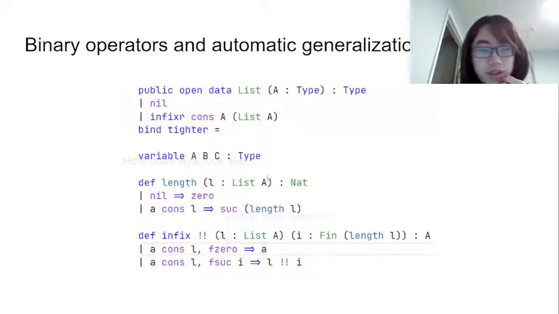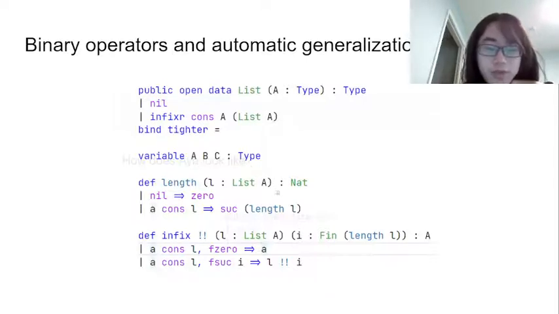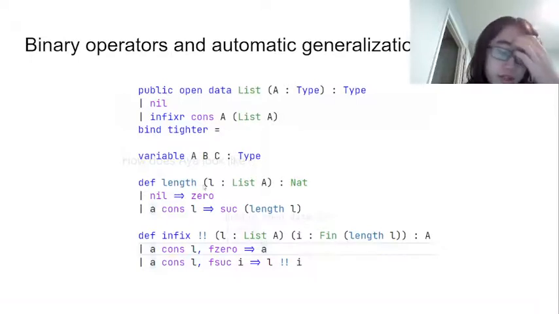So look at here. We have a type called A. It's capitalized. It doesn't matter if you capitalize or lowercase it. As long as you define it, you say that A is a generalized variable of type Type, then it will add A colon Type to the telescope of this function.